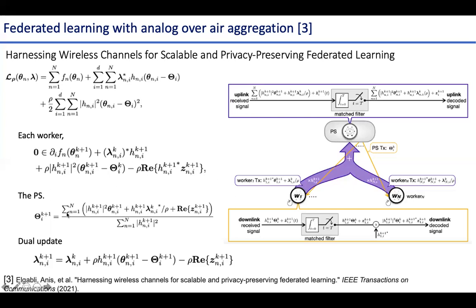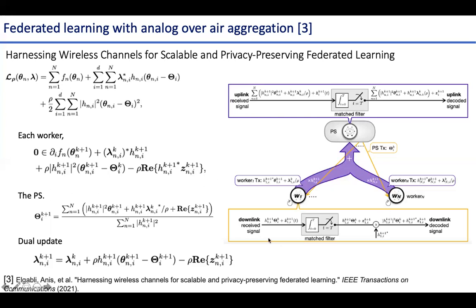Then the local models are transmitted to the parameter server. Actually, not the models are transmitted. Let me check what we are transmitting here.